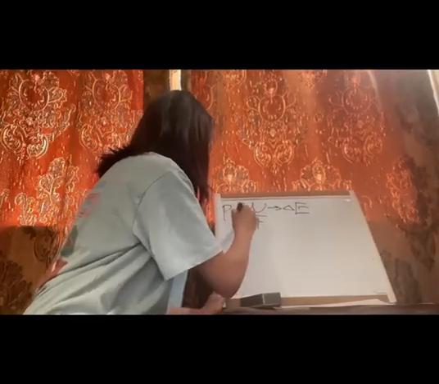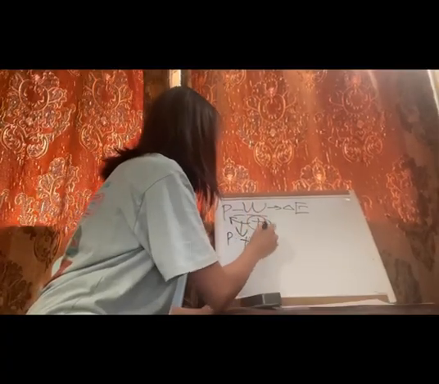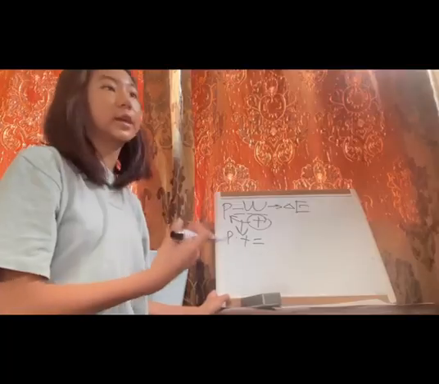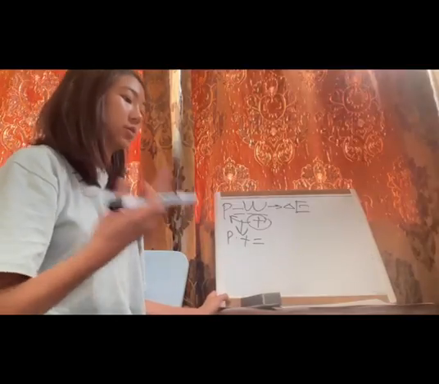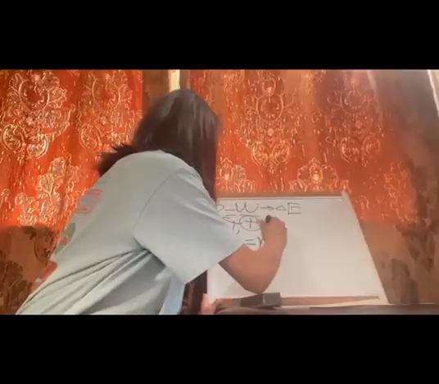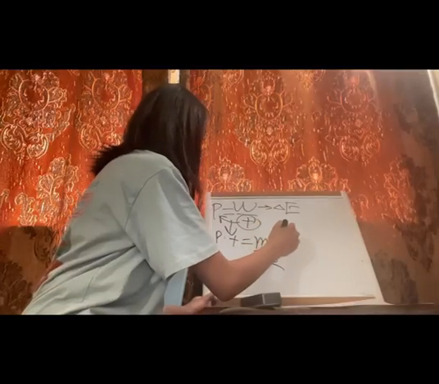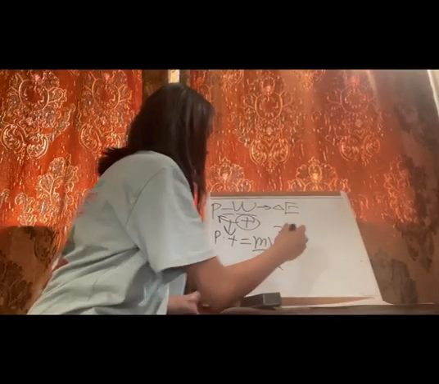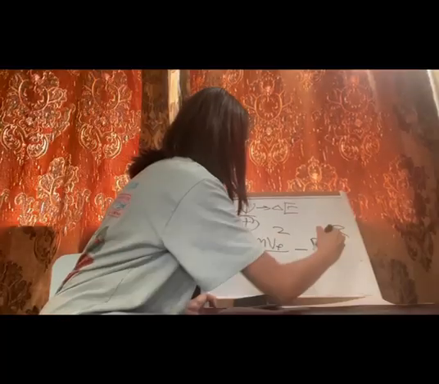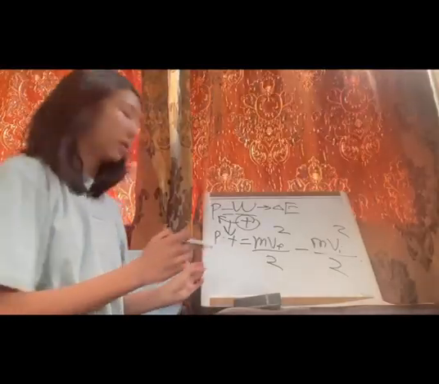So we can also derive from this equation that P multiplied by T is equal to the change of energy, which, assuming there's no gravitational potential energy, is the change of kinetic energy: m v final squared divided by 2, minus m v initial squared divided by 2. Beautiful formula.